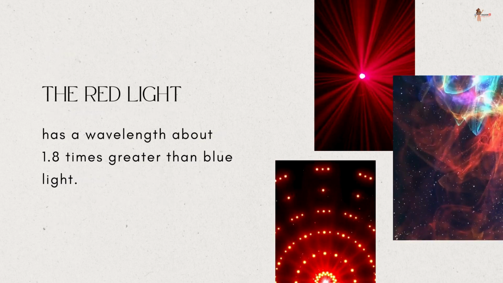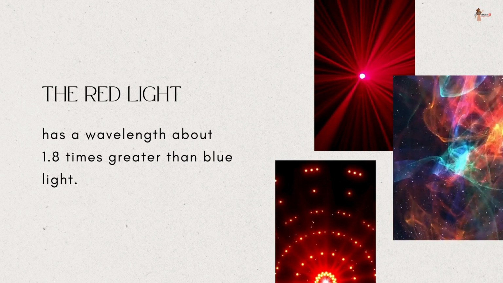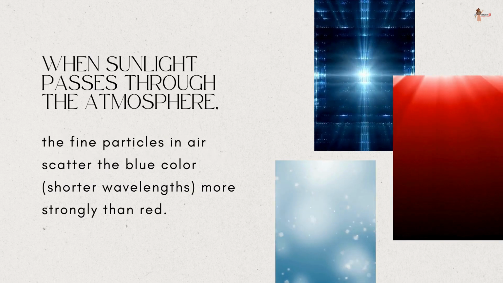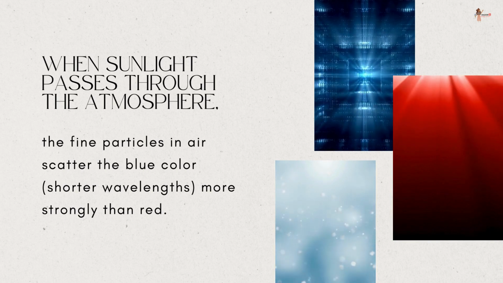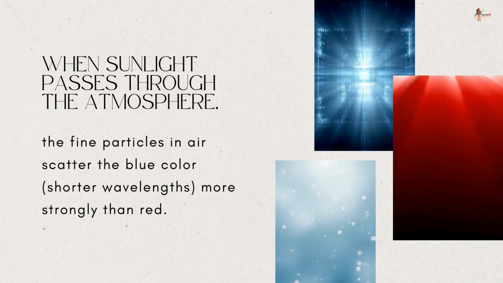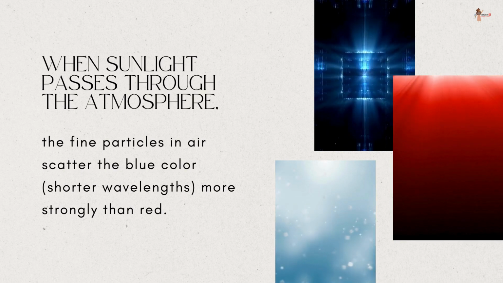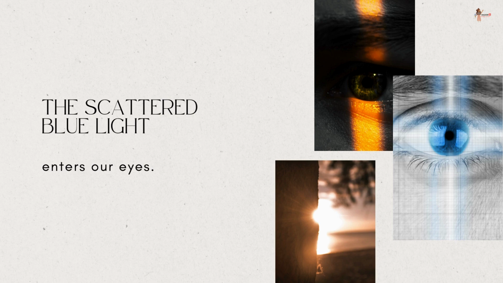The red light has a wavelength about 1.8 times greater than that of blue light. Thus, when sunlight passes through the atmosphere, the fine particles in the air scatter the blue color more strongly than the red color. The scattered blue light enters our eyes.